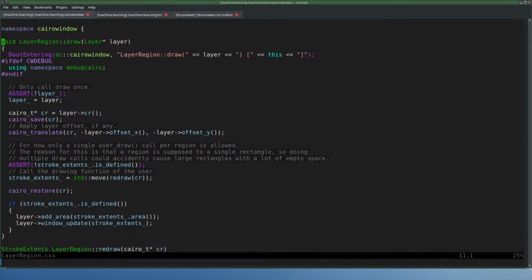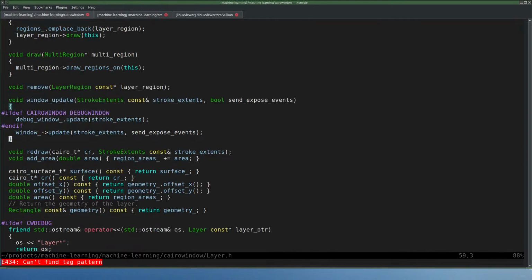Actually, I think I should make it a global boolean of the window itself. So call window update, and then we don't pass this. We just have it in the window. But this is the layer. Yeah. Okay, so this is window.